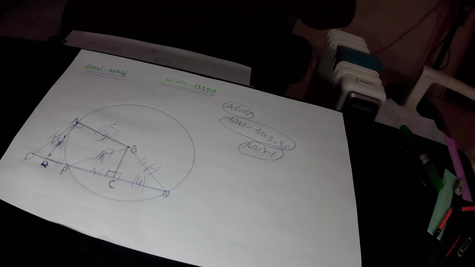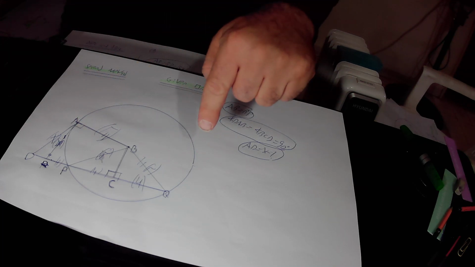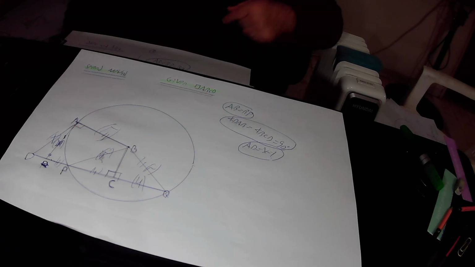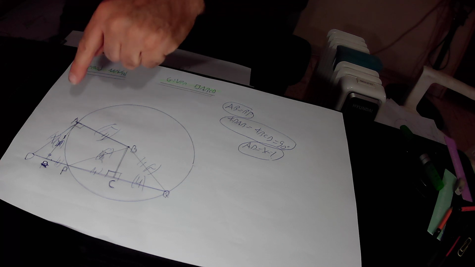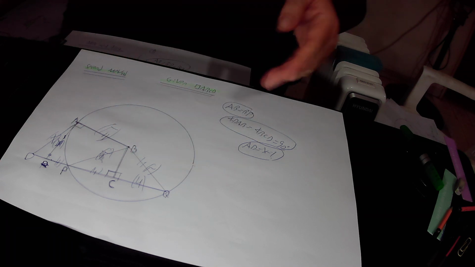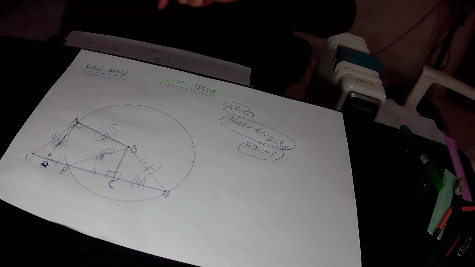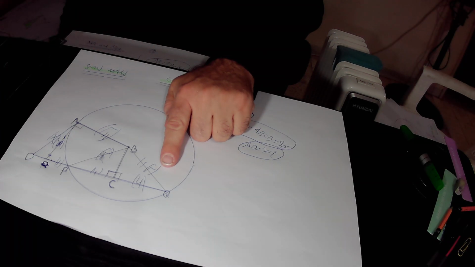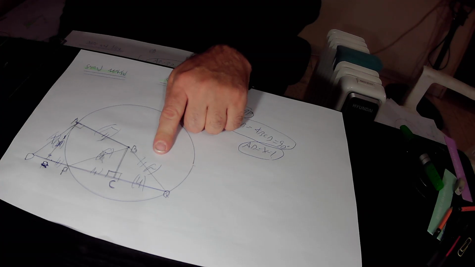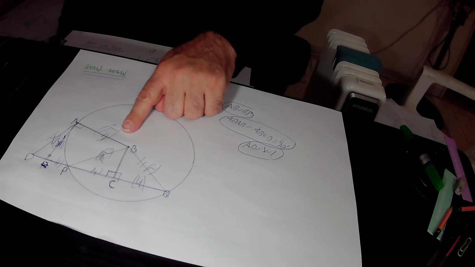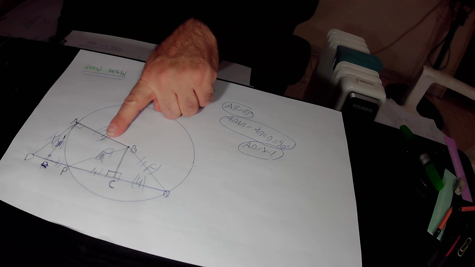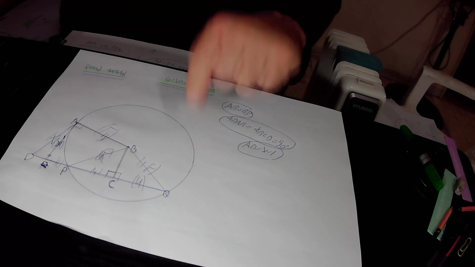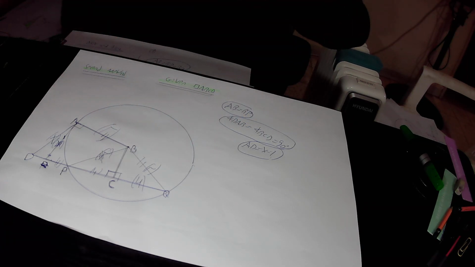Or in other words, the circle itself must pass through these three points A, P, and Q, because all those three points are the edges of the radii BQ, BA, and BP. So all those three points A, P, and Q are located on the circle itself.